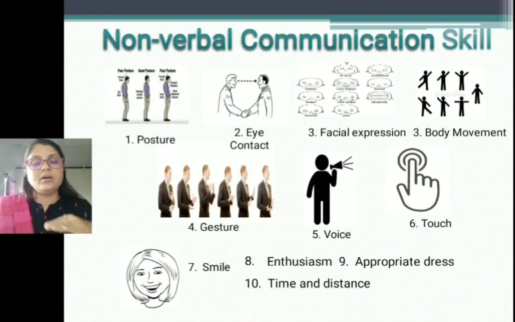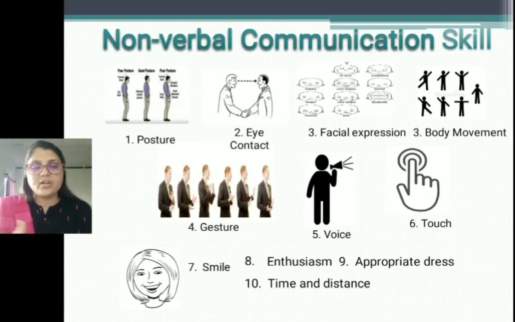It's not high, not low. According to the situation, you should adjust your voice, your tone, your pitch. Then touch. A lot of things you may not say through your words, you can say through your touch, because a lot of emotions are created by touch. So that is also there.